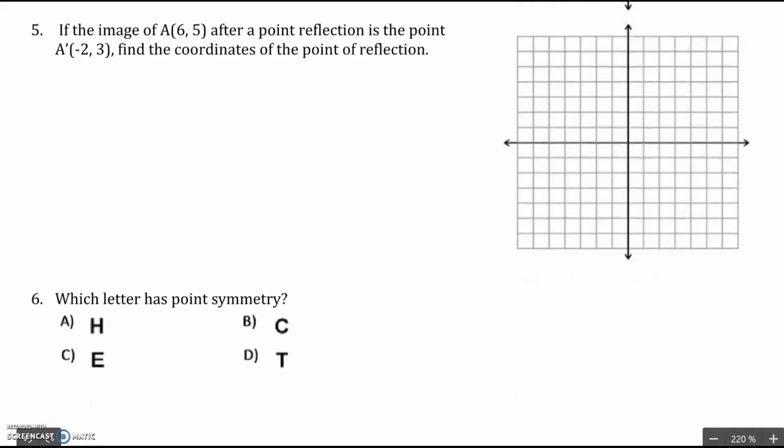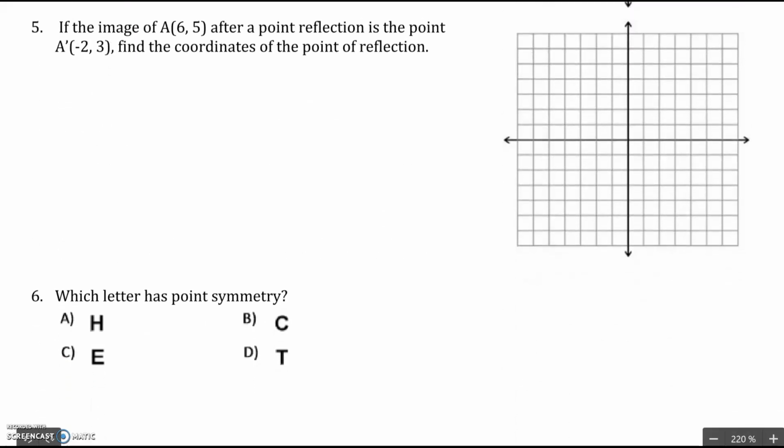For number 5, this time they're giving you A is 6, 5, and A prime is -2, 3. This time they want the coordinates of the point of reflection, so we need to find the center of reflection. We need to find the midpoint. You can do this several ways.